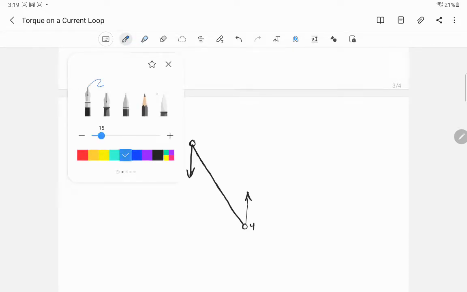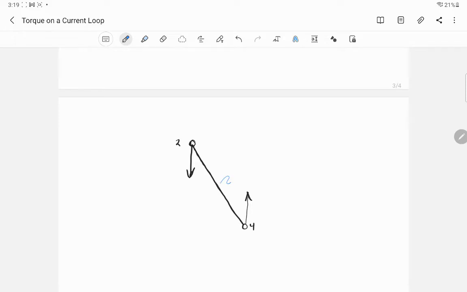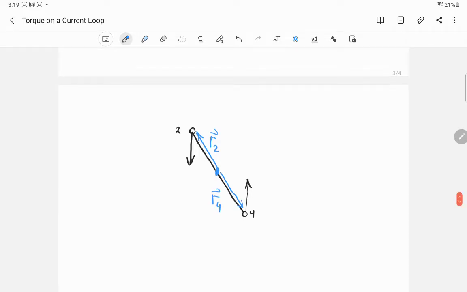And in blue, I'm marking the pivot point, and this is the location of where force number 2 acts, and this is the location of where force number 4 acts, right? And so let's go back into black. So there's force on 2, and this is the force on 4, right?